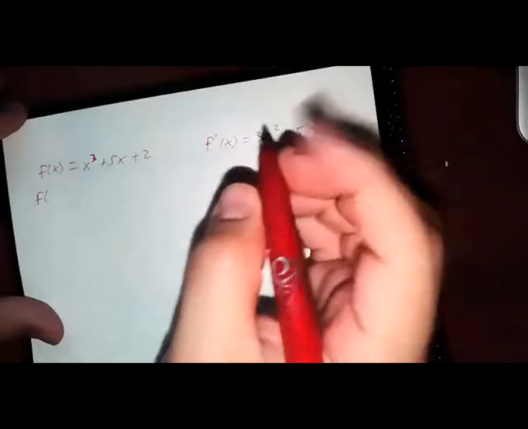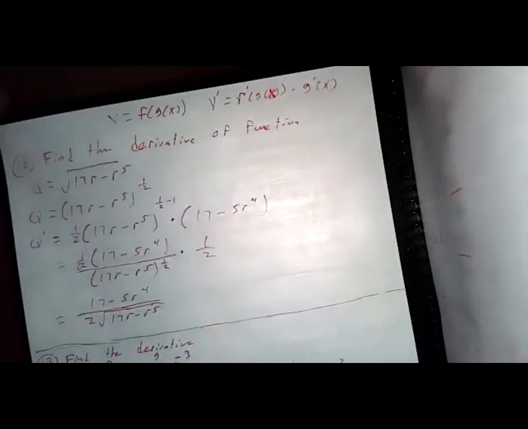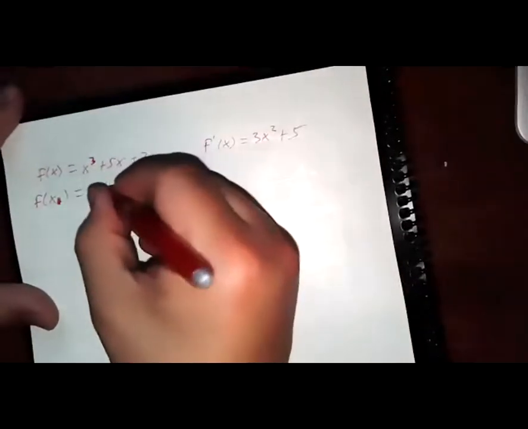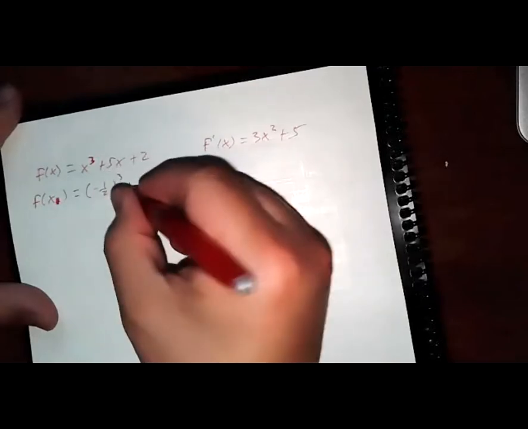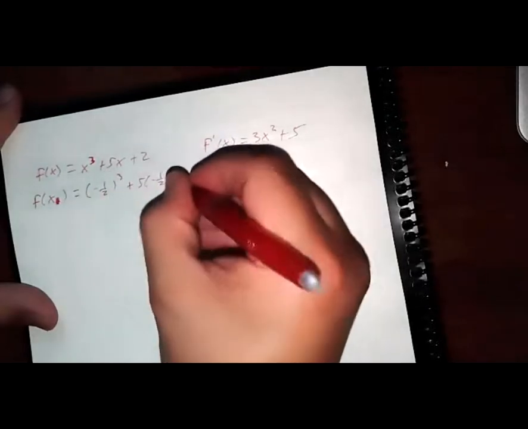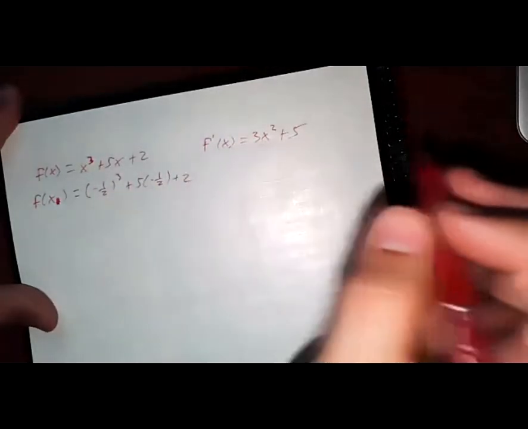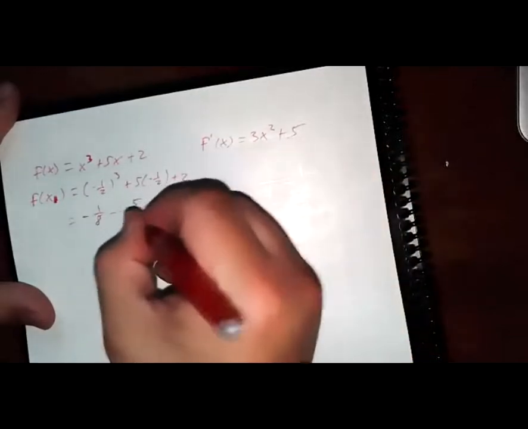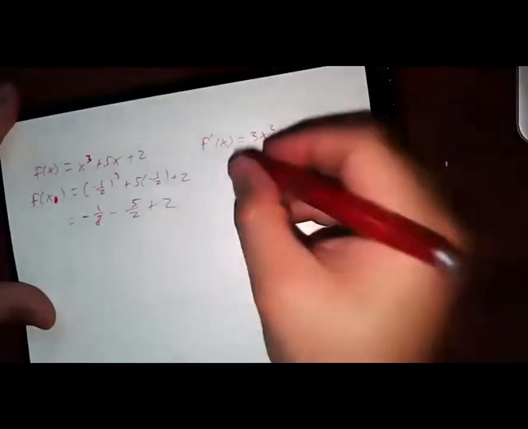So f of x1 is going to be, it was -1/2, negative. So there's the function at that value. -1/2 cubed would be -1/8 minus 5/2 plus 2.